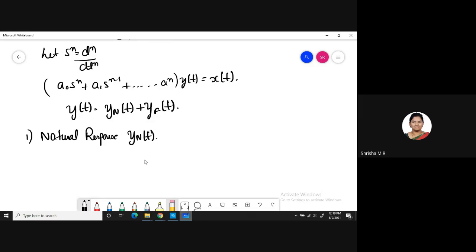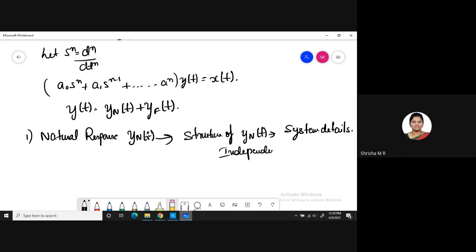The structure of the natural response depends on the system details, and it is independent of the nature of the input, that is x of t. It is independent of x of t, but it depends on the system details.